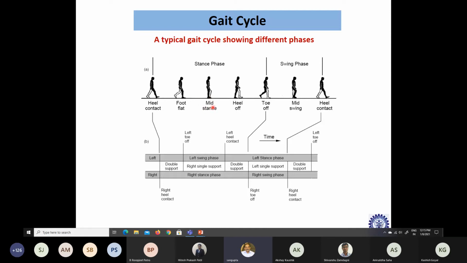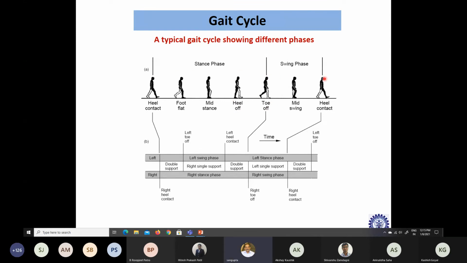So the right leg, this is the mid stance, then the heel goes off. The heel takes off from the ground, and then the toe goes off. So this is basically the stance phase.